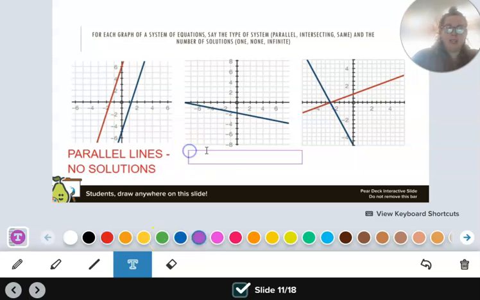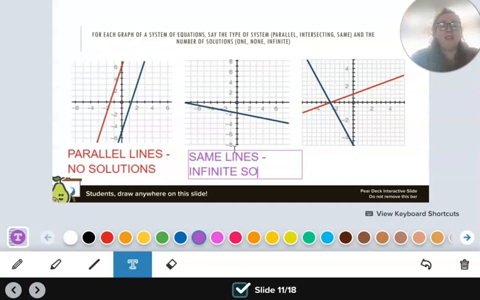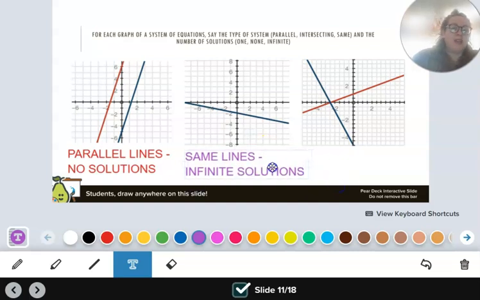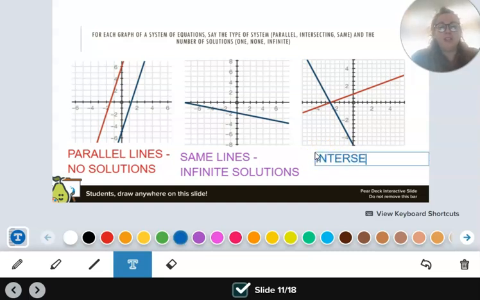They will never intersect. This next one, these are the same lines with infinite solutions, right? They are actually the same line, just right on top of each other. So every point on one line is going to be a point on the other. And the last one is intersecting lines with one solution.